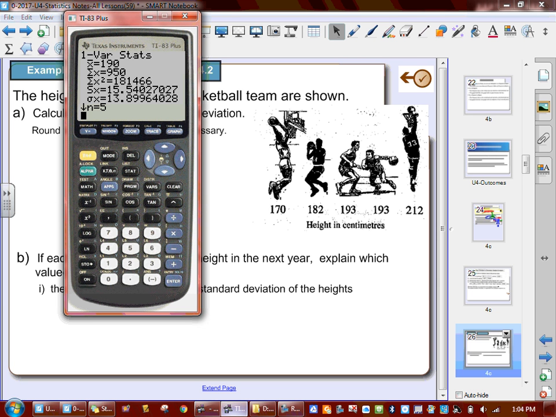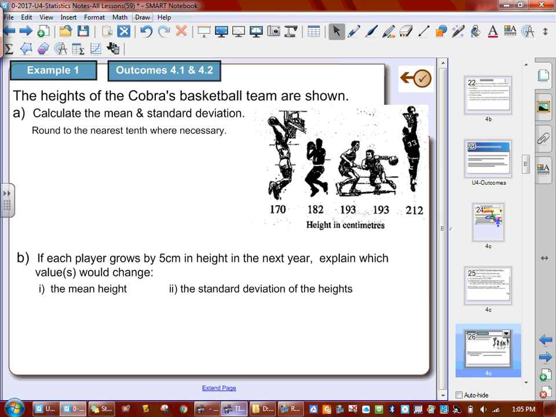So we want to record 2 numbers, the mean and standard deviation. So the mean is our top number, the X with the line, and the standard deviation is the one above the N, the 0 and the X. Okay? So we have our mean is 190, and again, that's centimeters we're recording in.